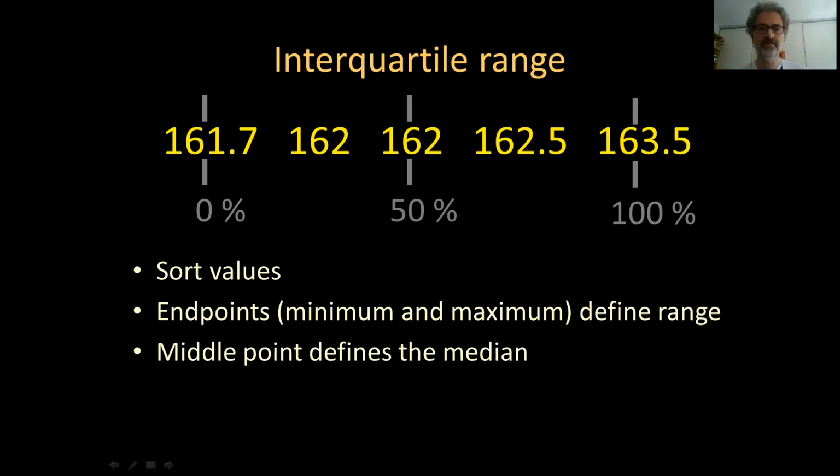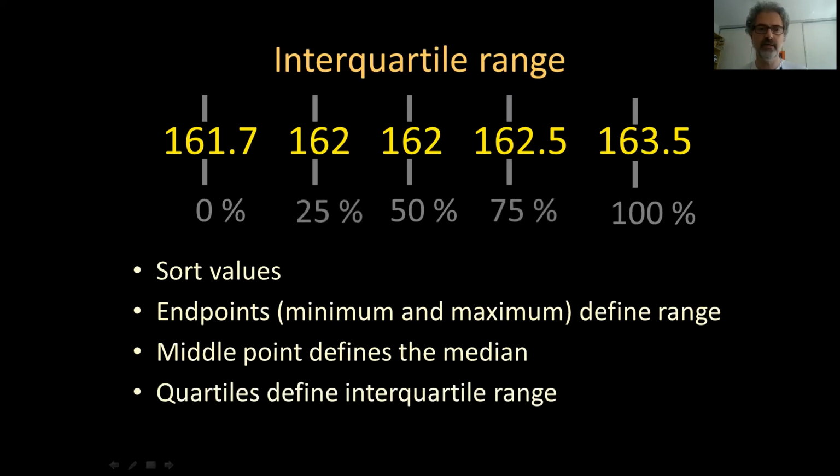Then we can also divide each half into half, and in this way obtain the first quarter, or first quartile as it is called, the second quarter, the third quarter, and the fourth quarter. Essentially, we are dividing our measurements into 4 intervals, such that each one has 1/4 of the available values. Therefore, between this and this point, we have half our values.